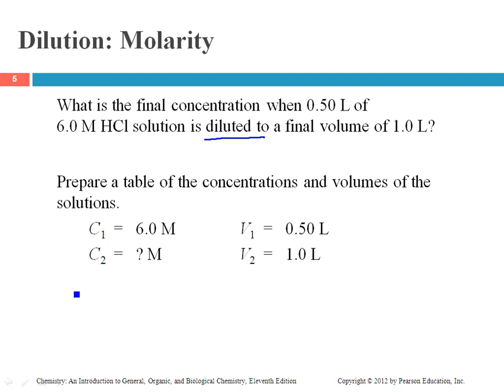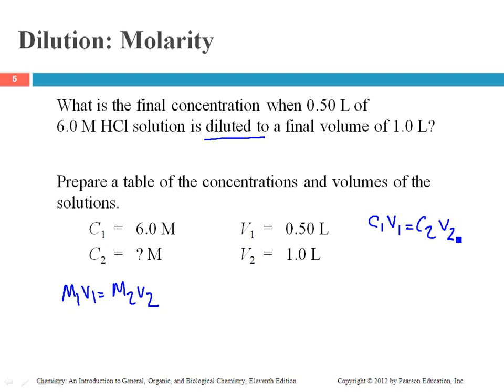We can use M1V1 equals M2V2, or C1V1 equals C2V2. Just to be sure, C1 stands for your initial concentration, V1 for your initial volume, C2 for your final concentration, and V2 for your final volume.